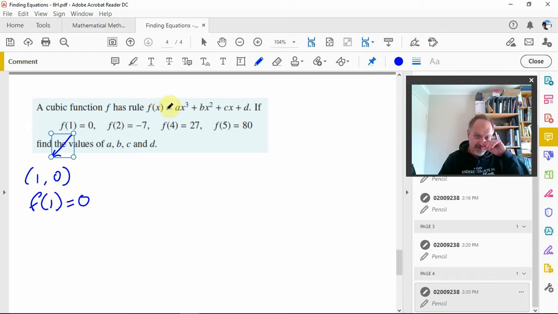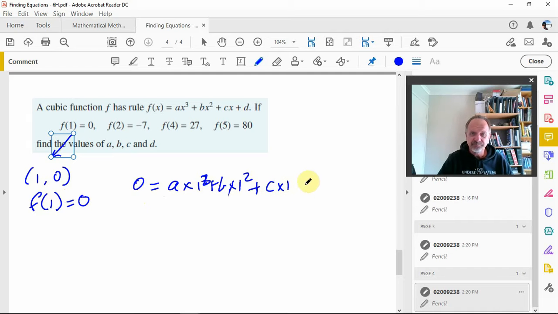So 0 equals a times 1 cubed plus b times 1 squared plus c times 1 plus d. 0 equals a plus b plus c plus d.